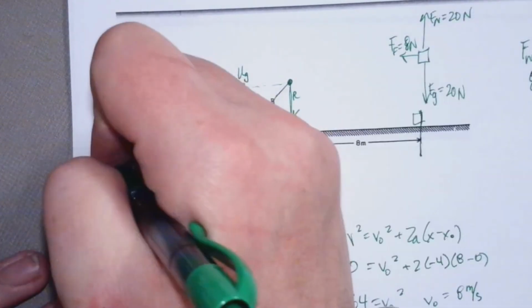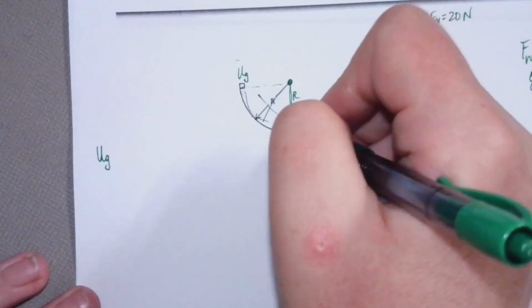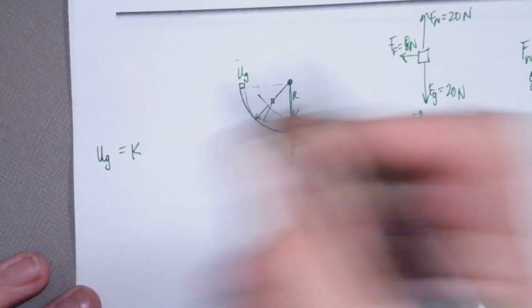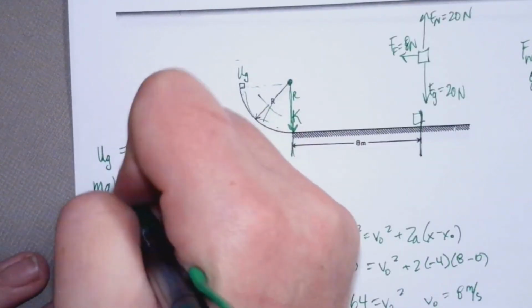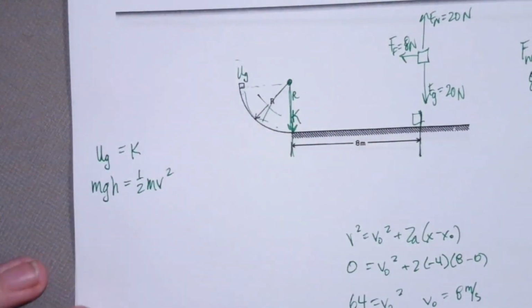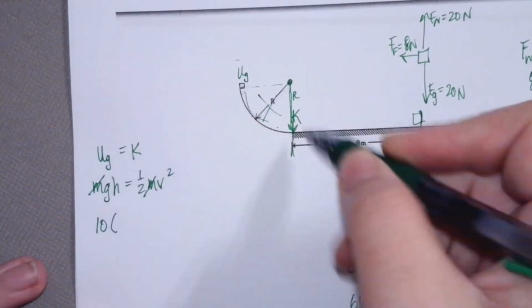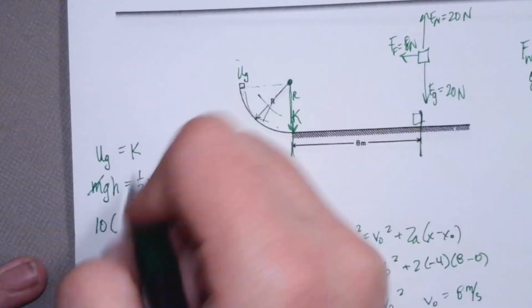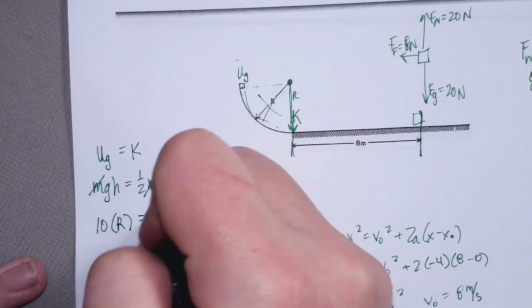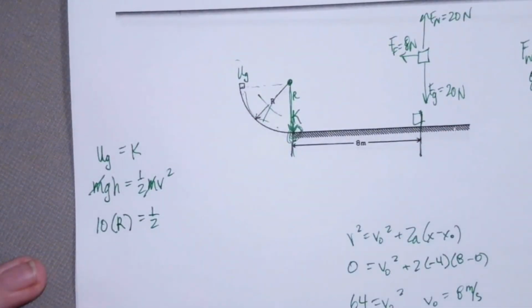We can say the UG up here is equal to the K down here. So m times g times h is equal to 1/2 mv squared. Well, the m's cancel out. G is 10. Our height is r. And our v is the speed right here, which we called v naught in our kinematics.